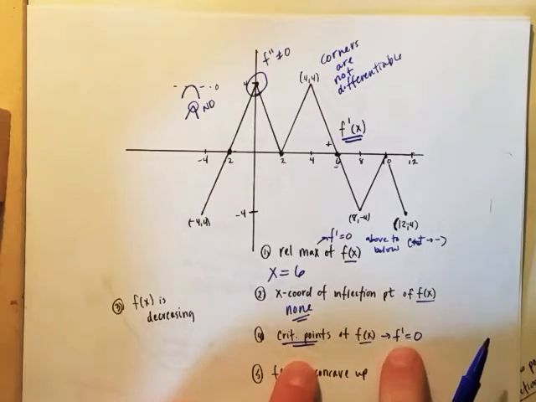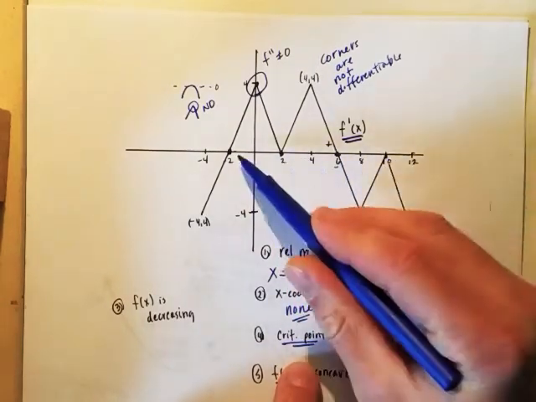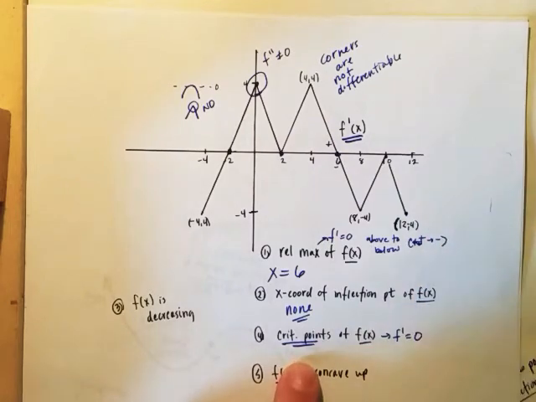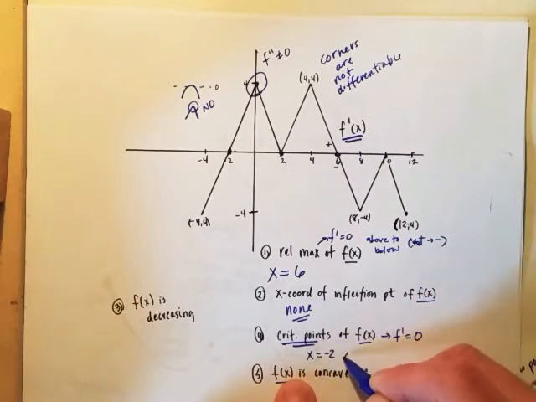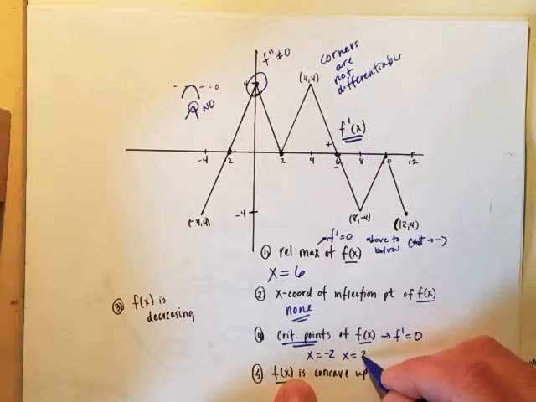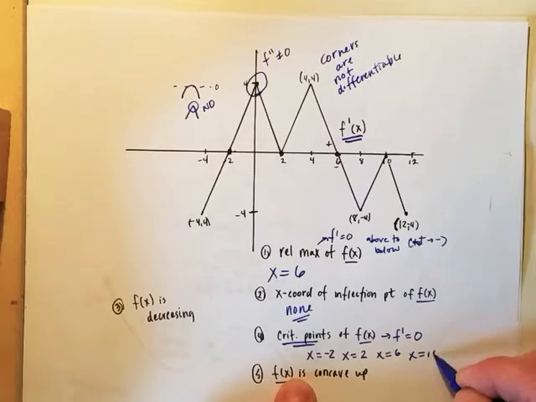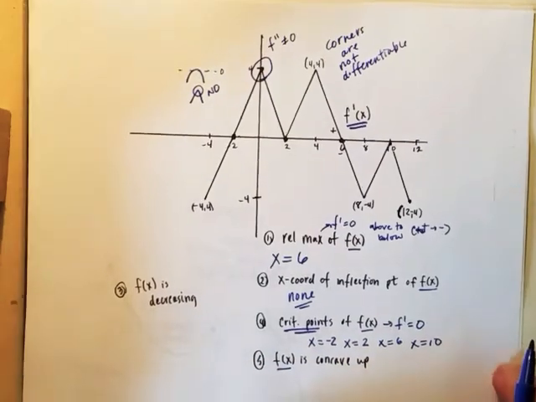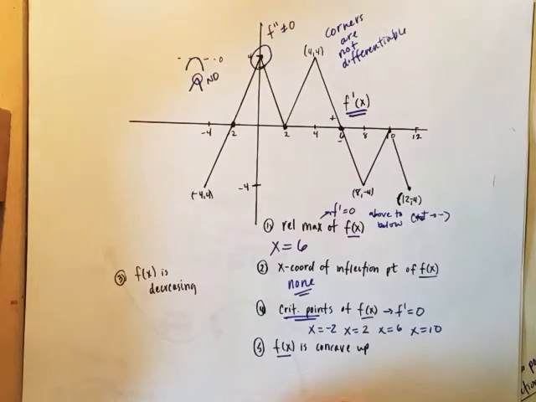We're looking for any time we get a horizontal tangent. So it's going to be 1, 2, 3, 4 different places. That's going to be at x equals -2, x equals 2, x equals 6, and x equals 10. All of those have derivatives of 0.